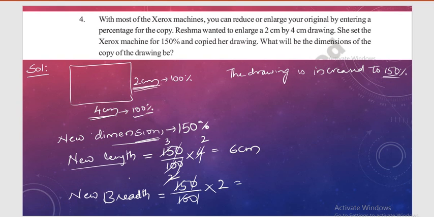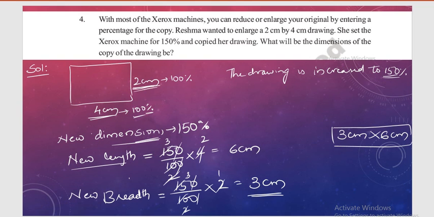In 5 table, this goes 3 times, this goes 2 times. So 2 2 gets cancelled 1 time. So 3 1s are 3 centimeters. So from this what I can say, the new dimensions are 3 centimeters by 6 centimeters. Okay, so already we have 2 by 4, so those become 3 by 6.